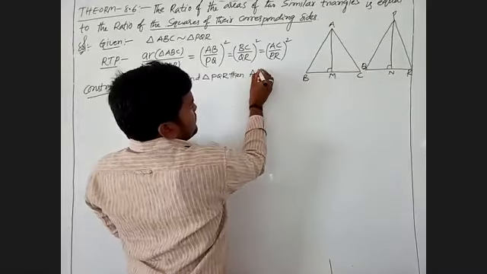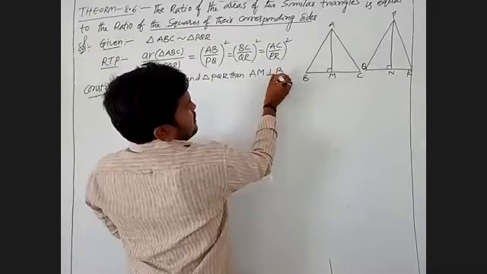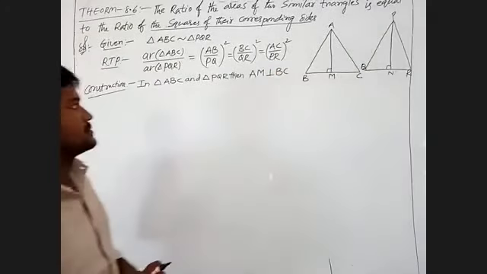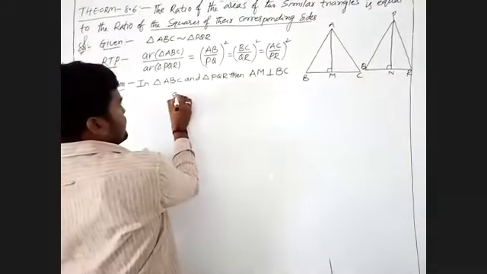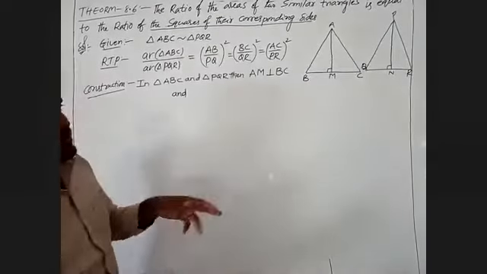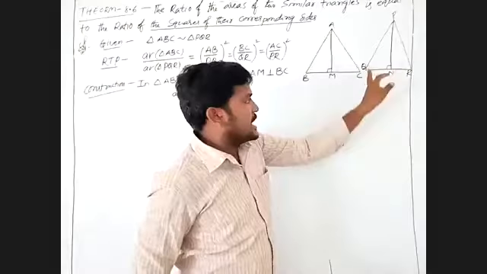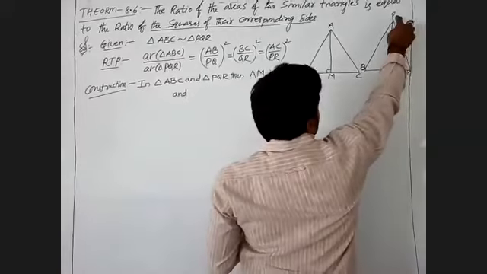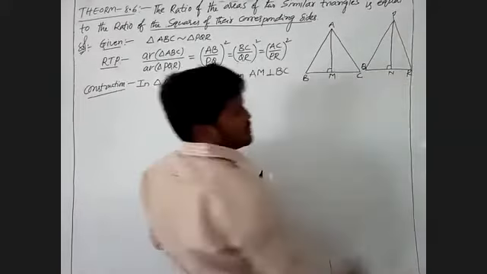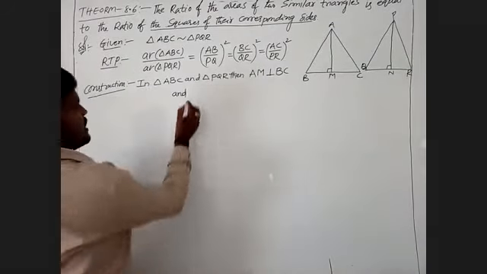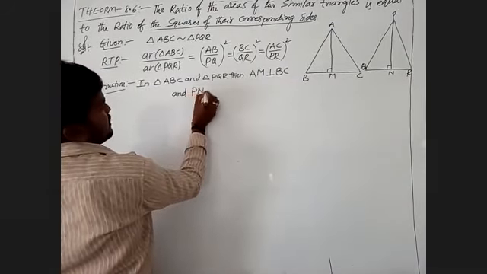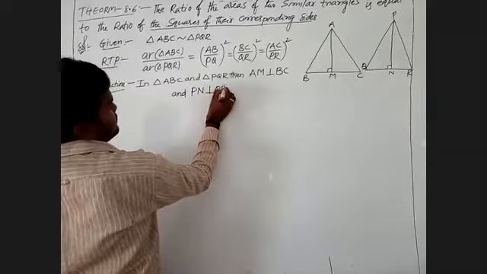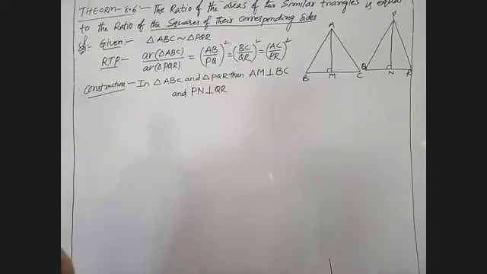In triangle PQR, PN is perpendicular to QR. This is the given construction of the problem.